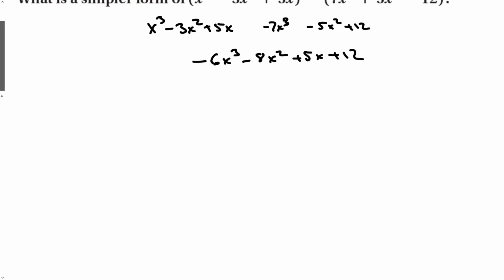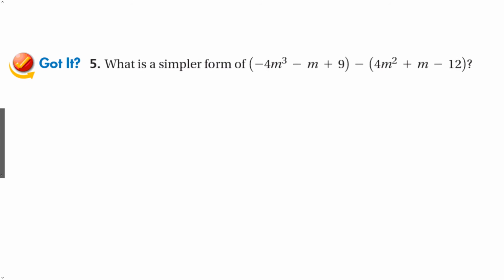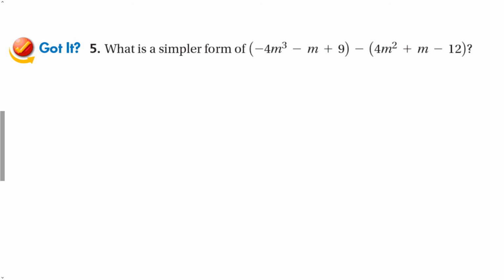Okay. For our got it problem, we're going to go minus 4m to the third minus m plus 9, distributing the negative, changing the sign of each one of the terms in the second thing. We get a minus 4m squared minus m plus 12.